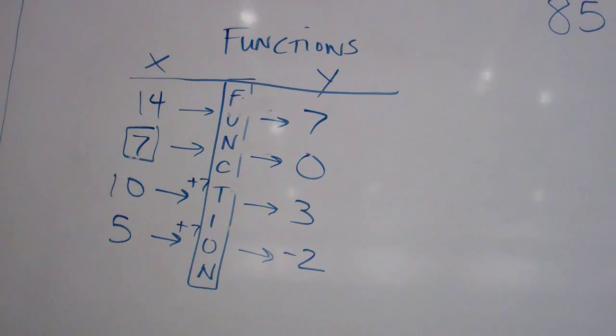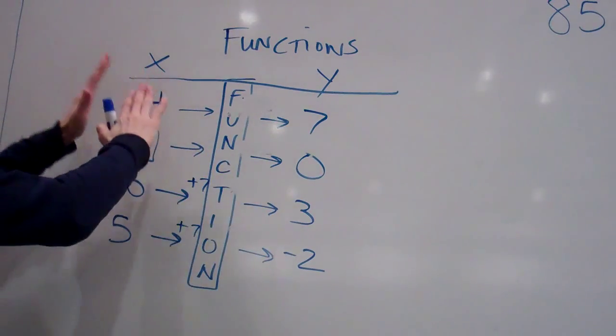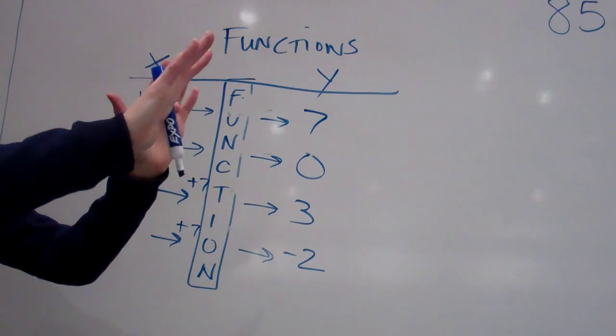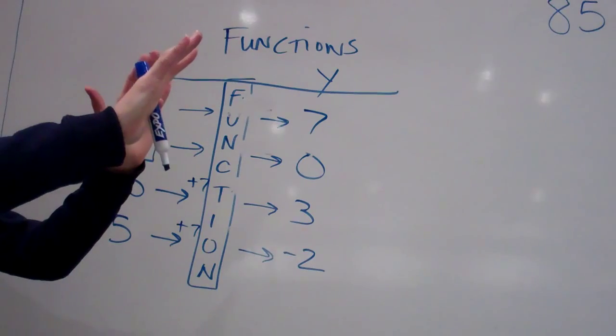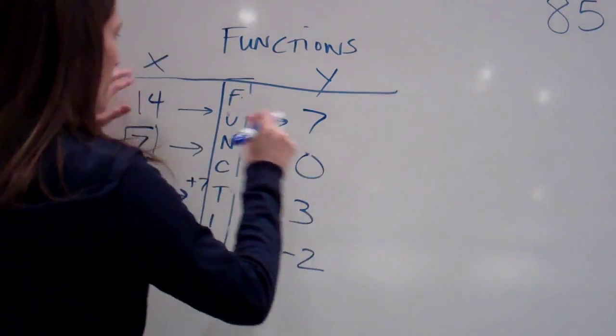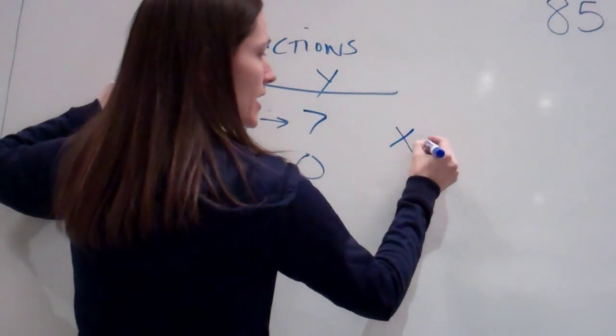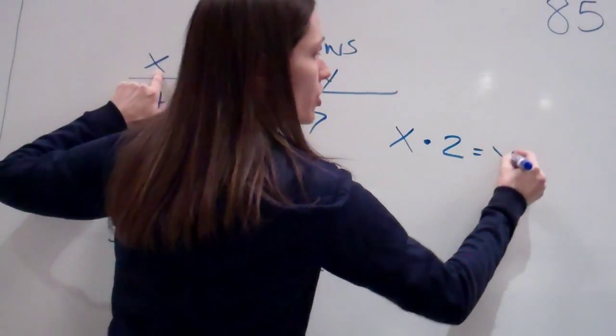So if they ask you what the function is, I want y'all to learn to write it like this. On the first one, what was our function? Who remembers? Times 2. Okay, so is it fair for me to say x times 2 equals y?